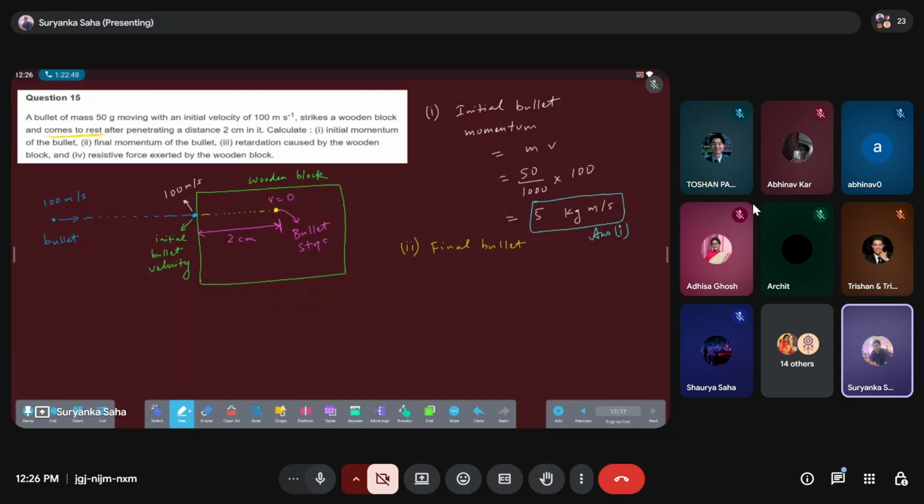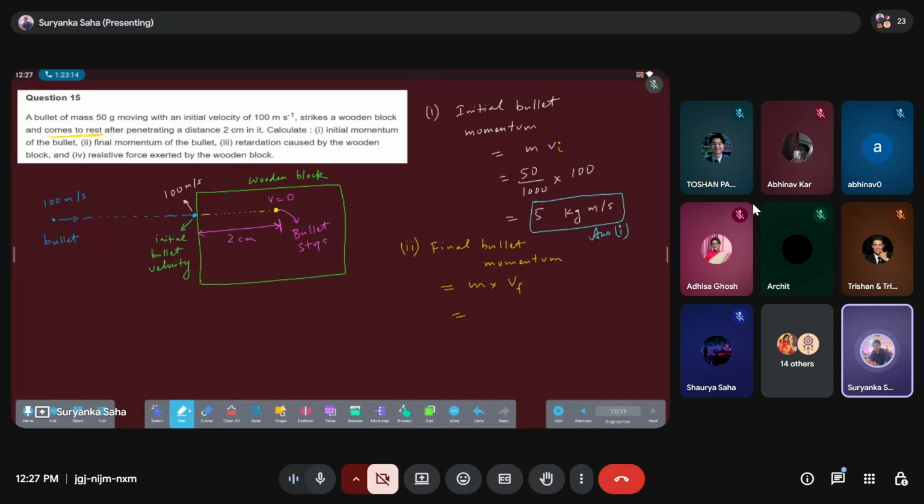Bullet momentum will be equal to mass into final velocity. Mass is how much? This is initial, so V initial we can write, this is V final.